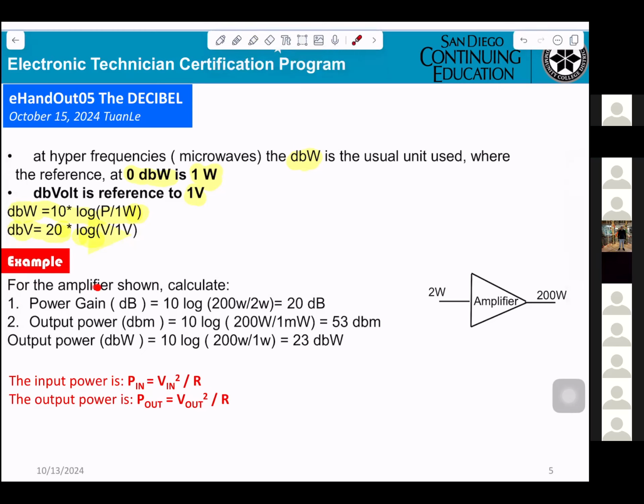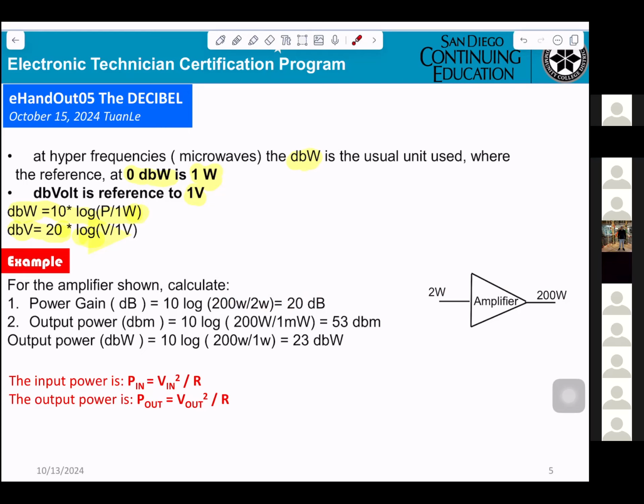For example, for an amplifier, the input is 2 watt and the output is 200 watt. Power gain in dB equals 10 times log of output 200 watt divided by input 2 watt, that gives you 20 dB.